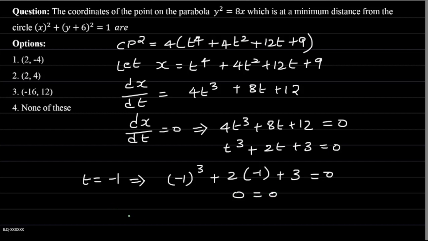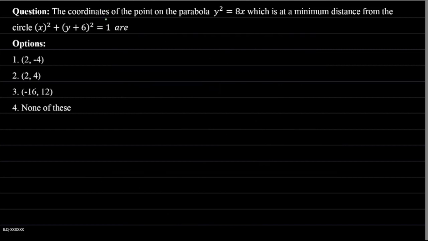So I'm concluding that t equal to minus 1 is a root of the above equation, which means that t plus 1 is a factor of t cube plus 2t plus 3.